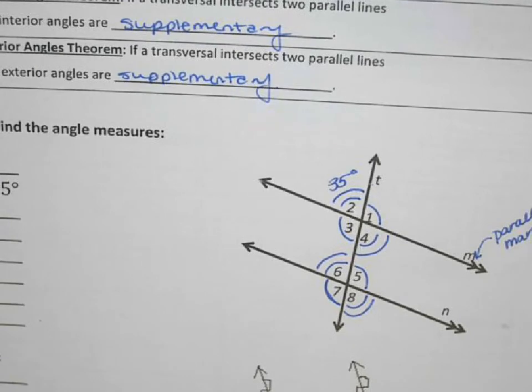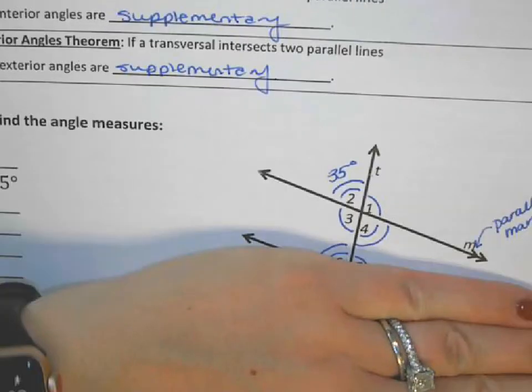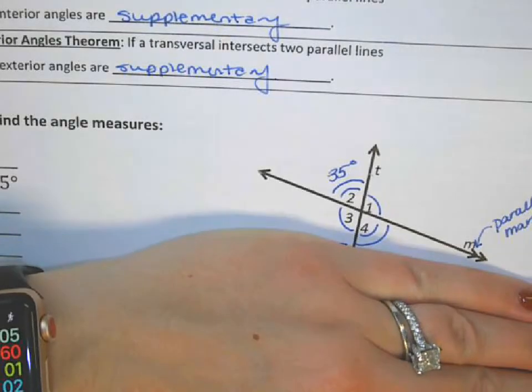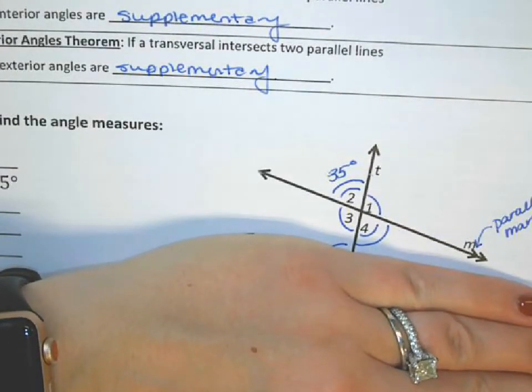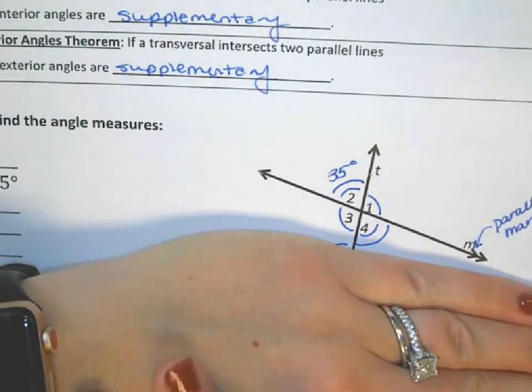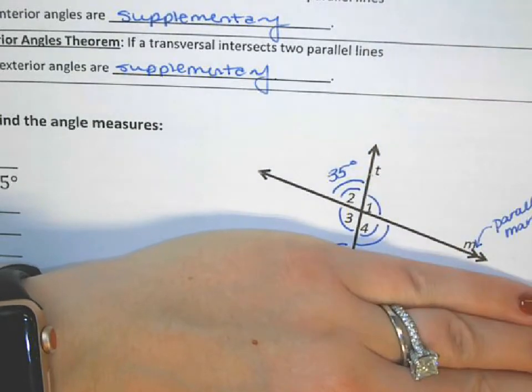Okay? Now, I'm going to pretend that this one's not here because I know how to label the 4 angles around 2 intersecting lines because I know about vertical angles and I know about linear pairs. What does the measure of angle 1 have to be if this one's 35? 145 degrees.